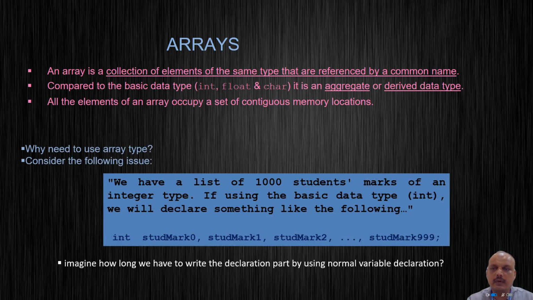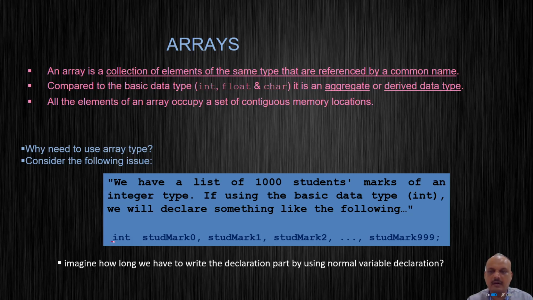Okay then, why do we need arrays? Consider the following scenario. Suppose we have a list of 1000 students. Of these 1000 students, we are interested in storing their marks. So one basically needs to define integer variables for all these 1000 students as given out here.